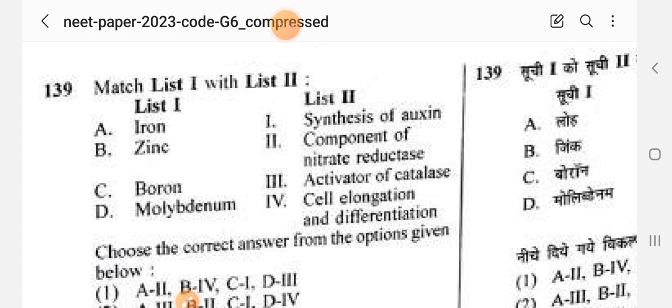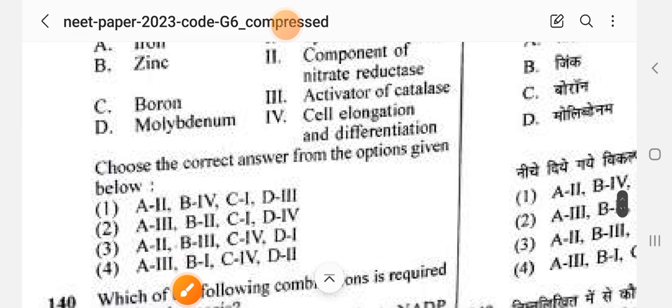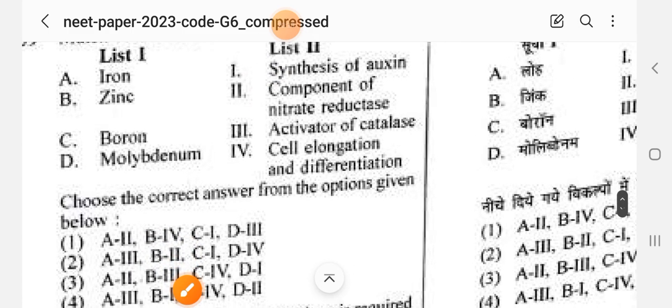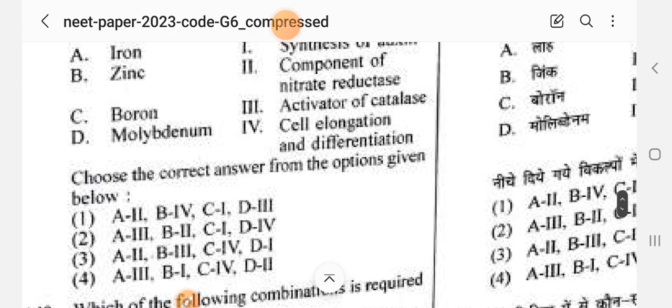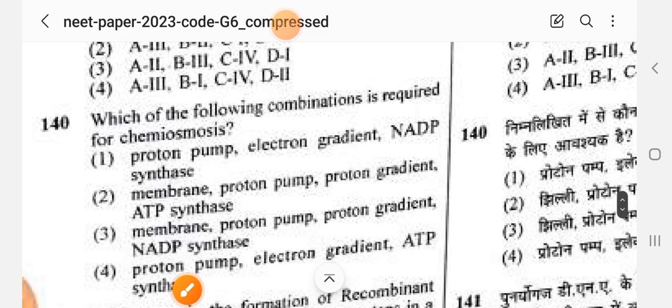Zinc is required for oxygen, and molybdenum is required for nitrate, means nitrogen fixation. तो हम इसे चेक कर लेते हैं कि क्या आंसर हो सकता है. जिंक इज फर्स्ट, सेकंड का फर्स्ट, सो द आंसर आई गॉट द फोर्थ इन दिस वे.